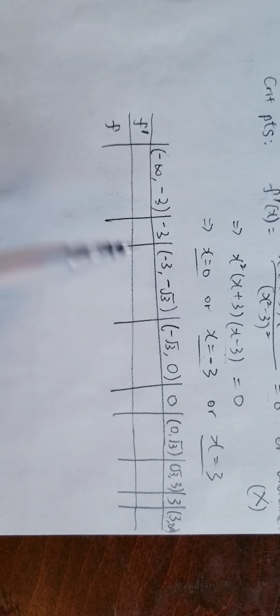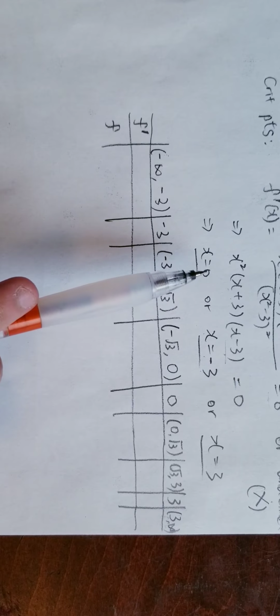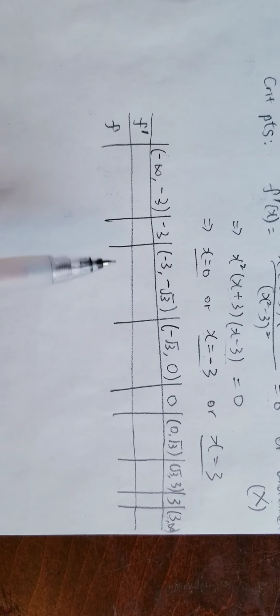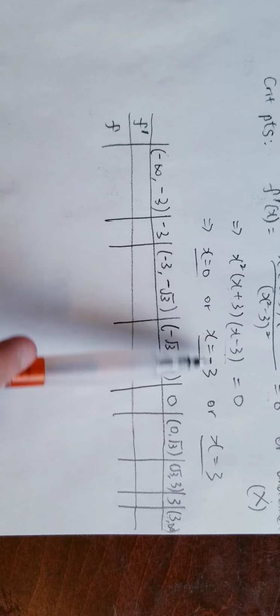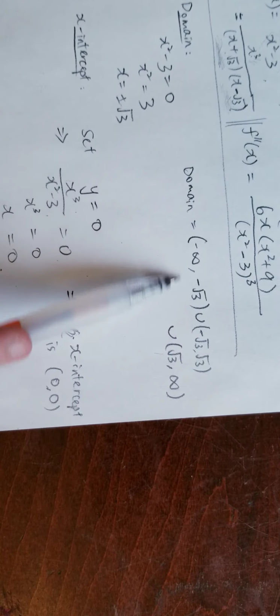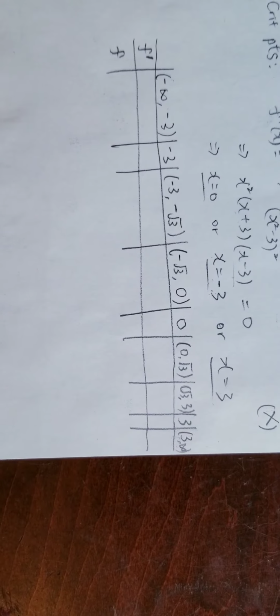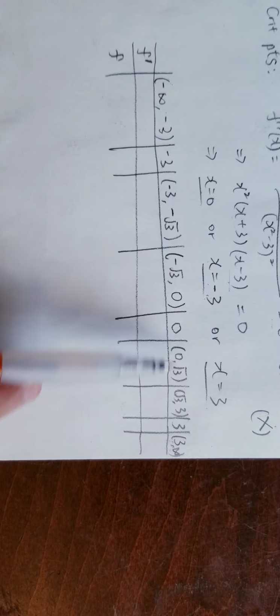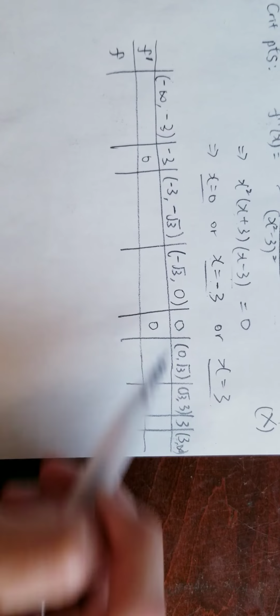Let me say this again. If you want to check where it is increasing and decreasing and which one is local max and local min, you should draw a chart like this, and then use the critical points 0, -3, and 3 to split your domain into several parts. This would be the point where the derivative is 0.